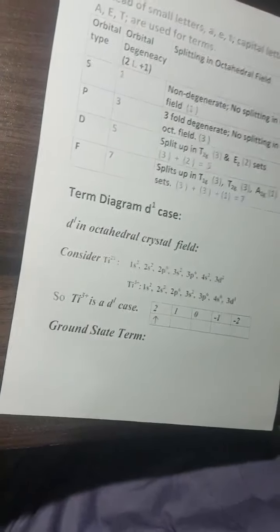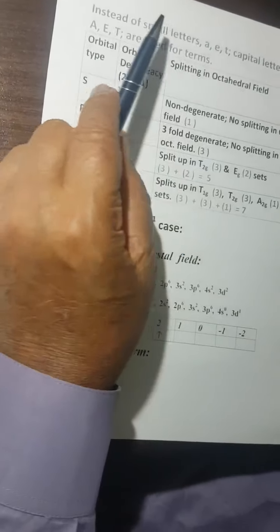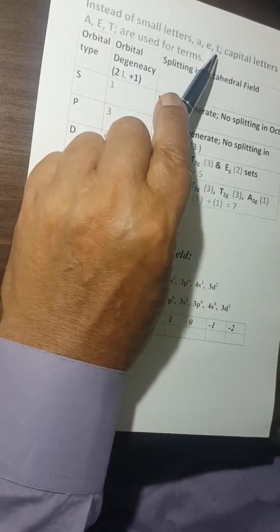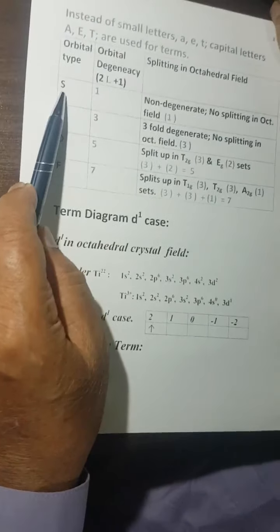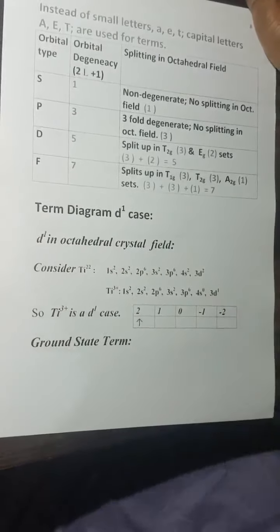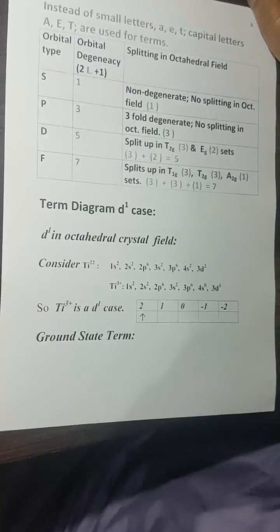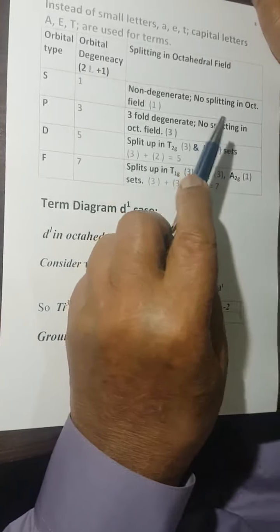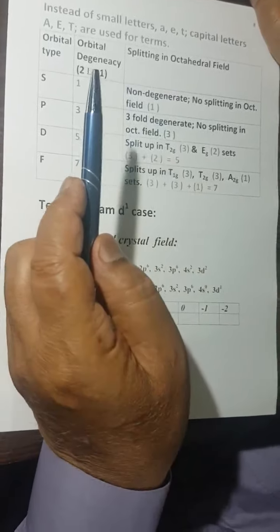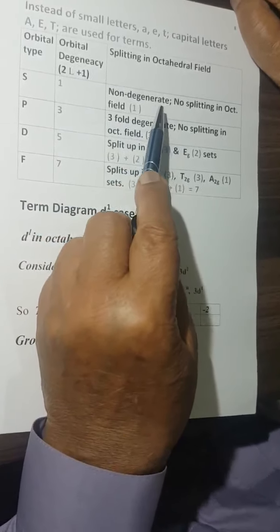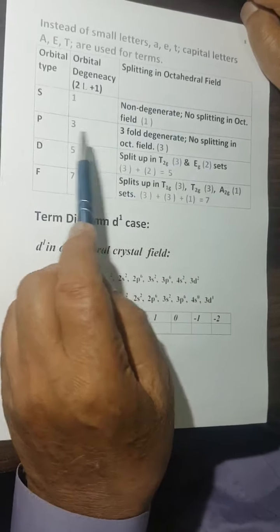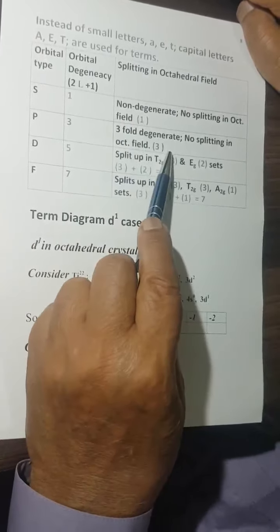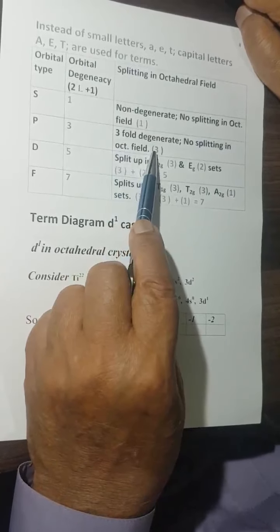I have shown it here. All we do is, instead of using the small letters a, e and t, we use capital letters. This is the S term, so no splitting in octahedral field, fair enough. It should be represented by capital A1. P is threefold degenerate, no splitting in octahedral.